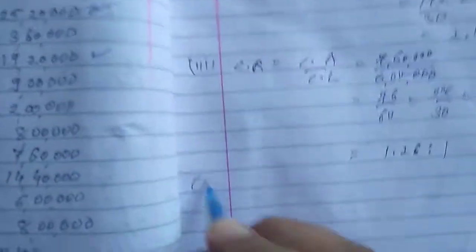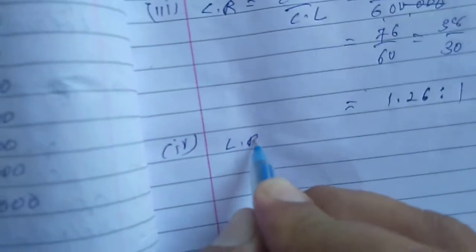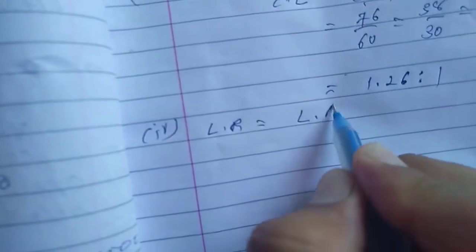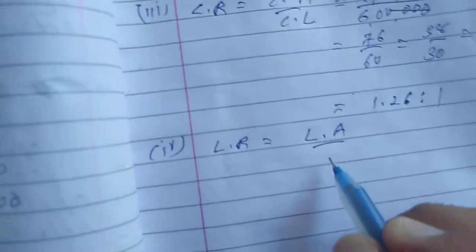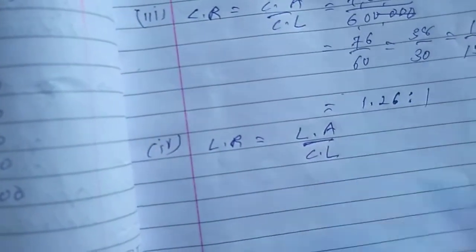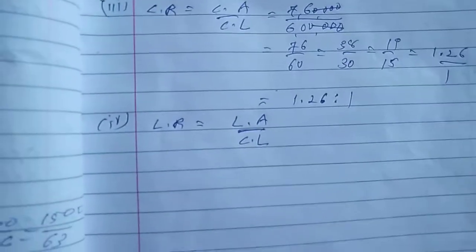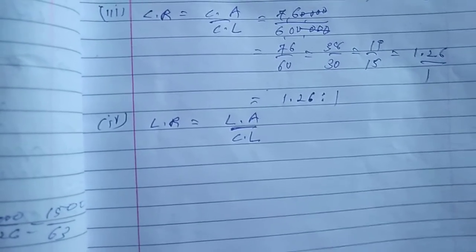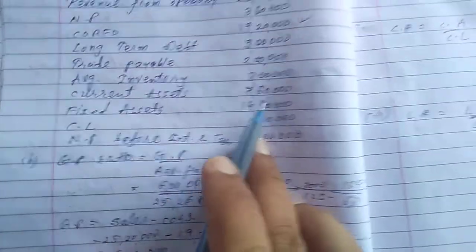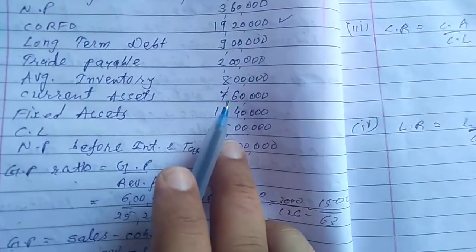Now the fourth one is liquid ratio. You know the formula of liquid ratio, but one change is there. Liquid ratio is equal to liquid asset upon current liability. And you know how to find liquid asset: from current asset we have to reduce inventory and prepaid expense. But here only current asset is given, no inventory or prepaid expense is given.